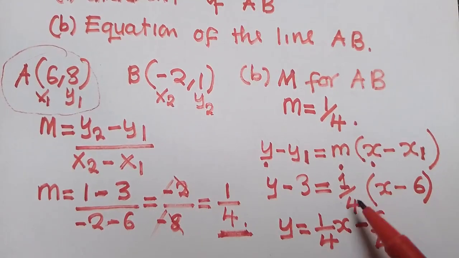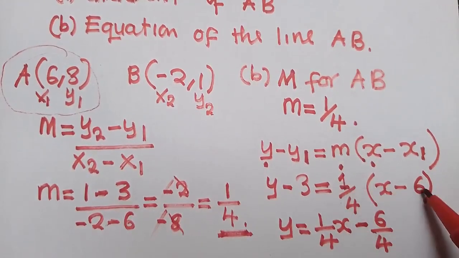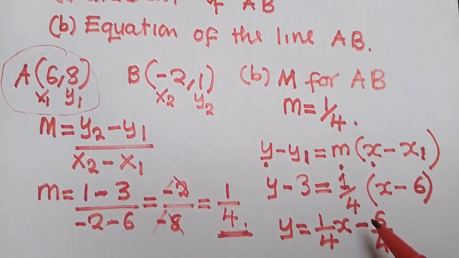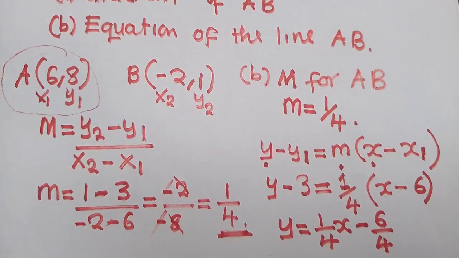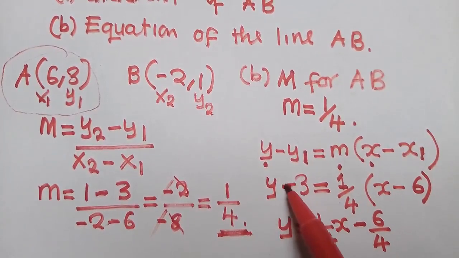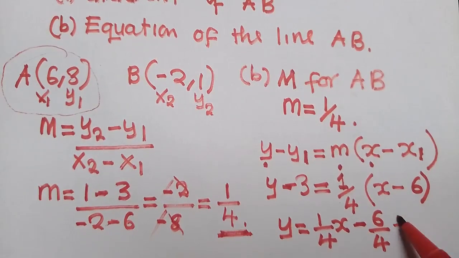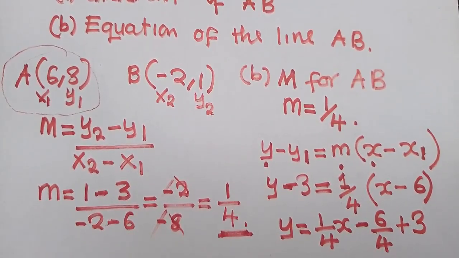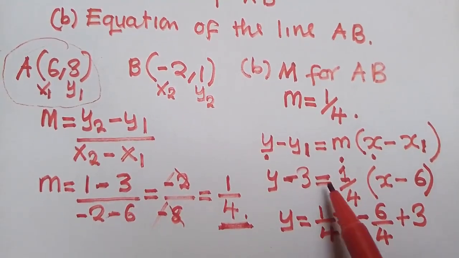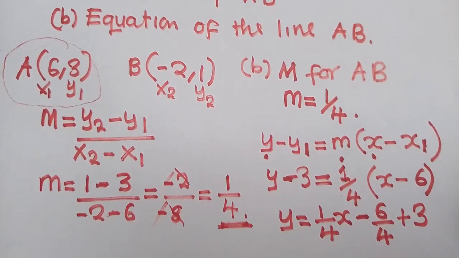The 4 will maintain. So the numerator gets to multiply, and the denominator, which is a 4, will maintain. This 3 here, which I said to move here, is negative. When it comes here, it becomes positive, because it has crossed this equal to sign.